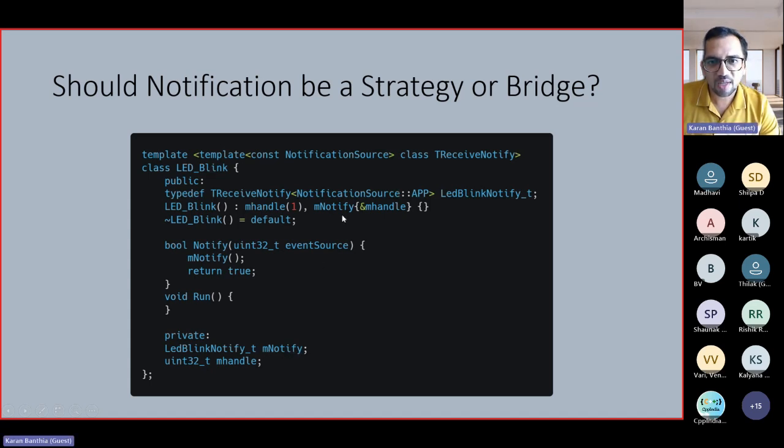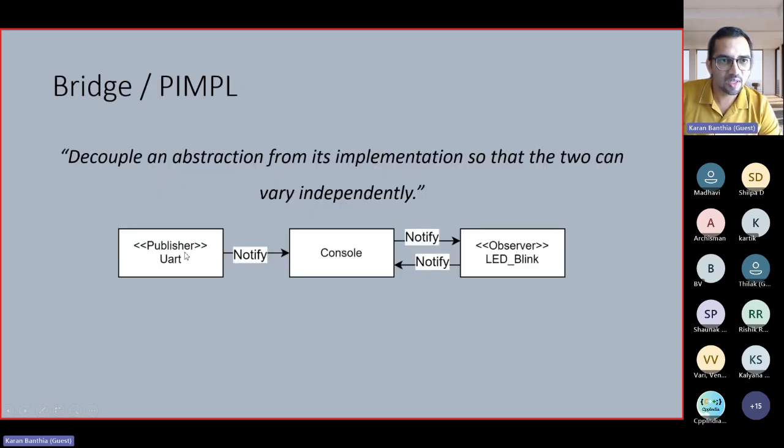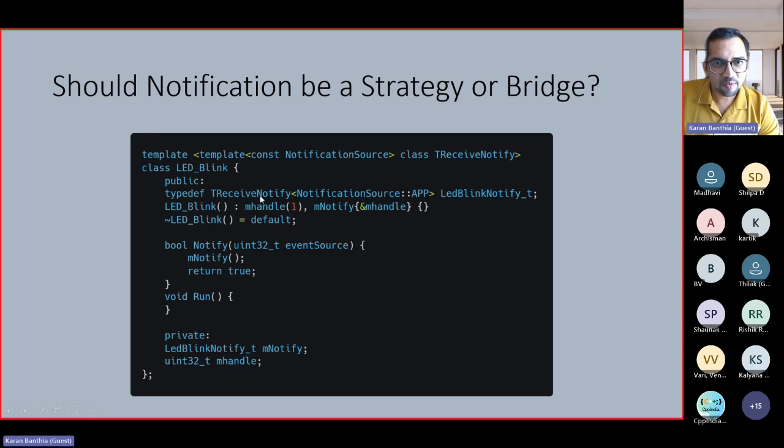And we initialize it in the constructor as well, constructor as it is. And LED blinky notification, how is this an interface? Now, since we want to make it a bridge, this has to be an interface. Decouple an abstraction from implementation. So this we do with a template parameter.